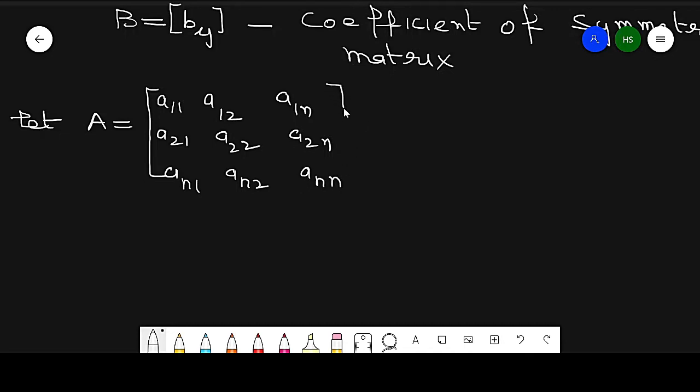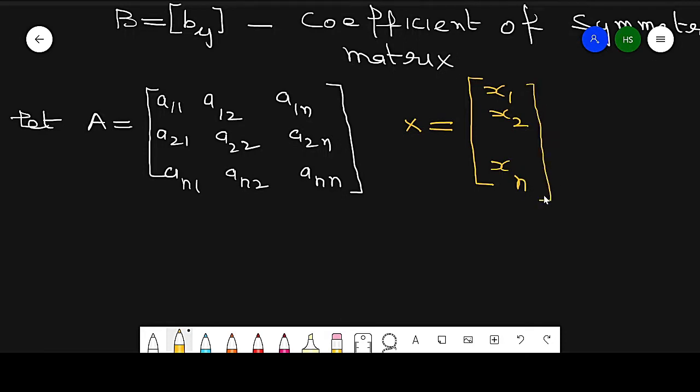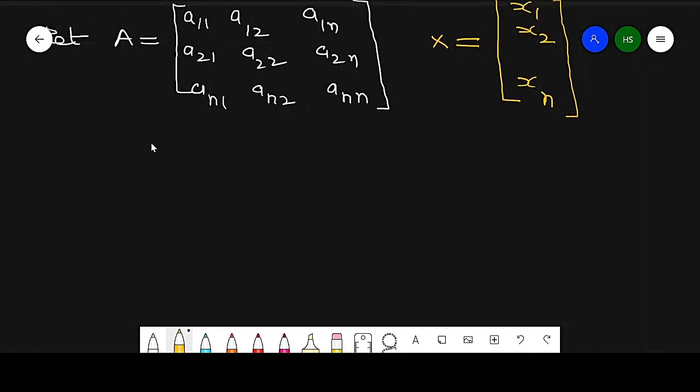So this is the matrix A, and next is X, which is a column matrix of n variables: x1, x2 and so on up to xn. So remember these. Now the quadratic form can be written as X transpose A X.